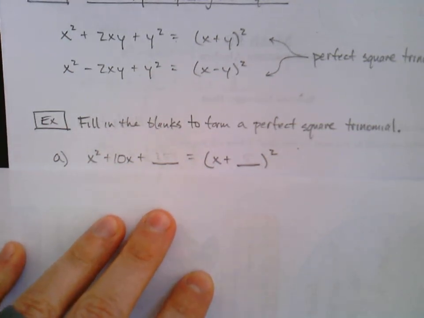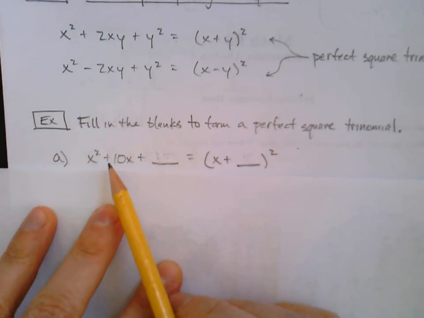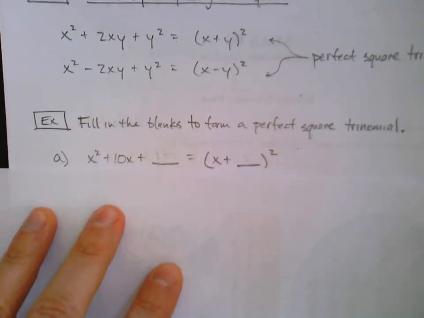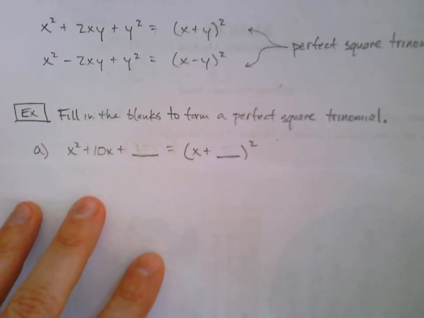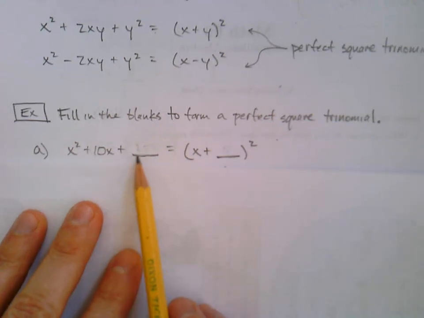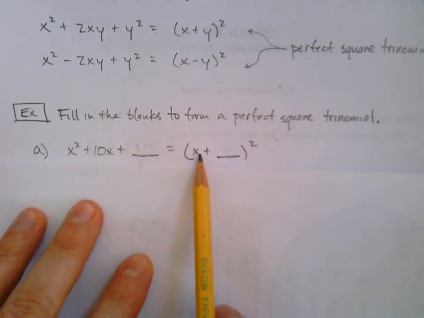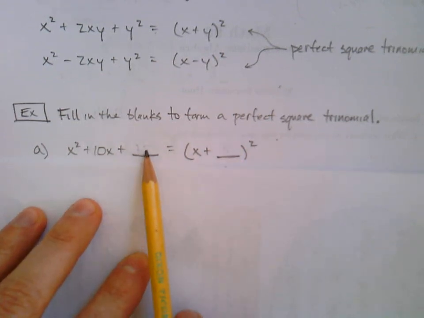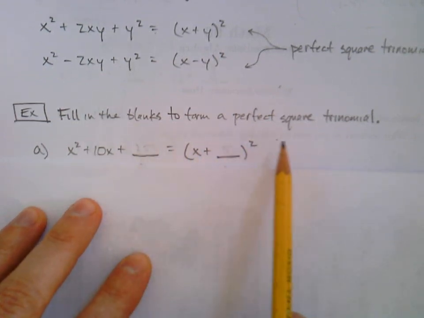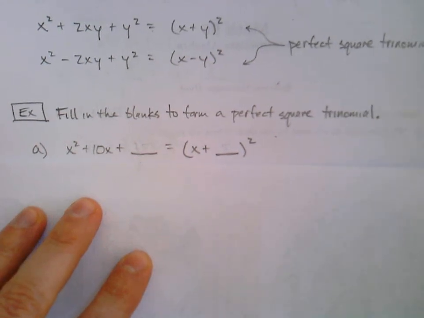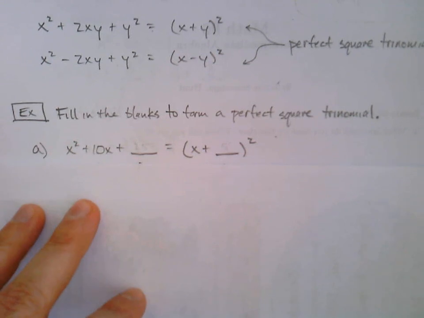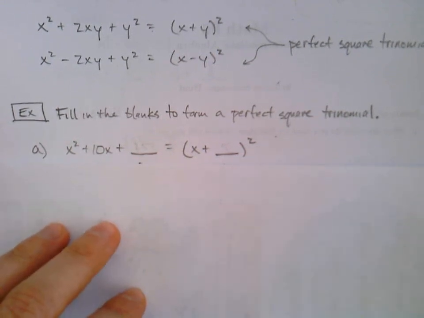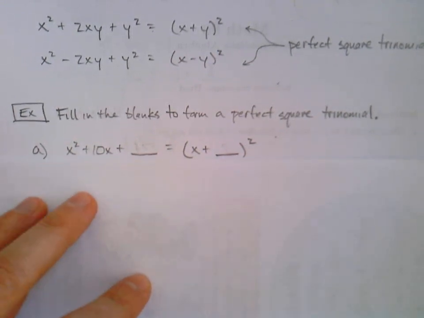What if we saw x squared plus 10x plus blank equals the quantity x plus blank squared? How would we fill in these blanks to form a perfect square trinomial? And really, for a question like that, I'd much prefer to be in the room with you and let you think about it.